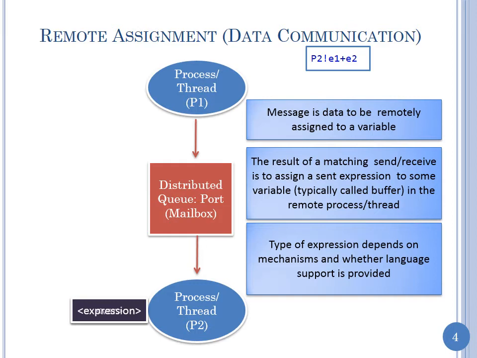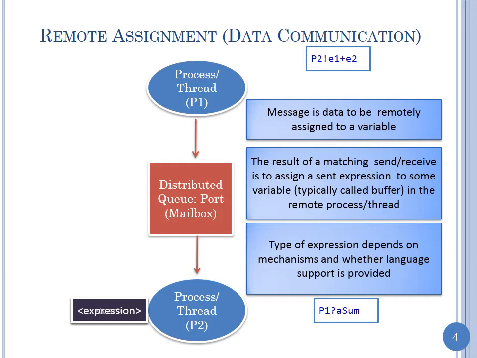So you're saying here, send to the port named by P2 the value of the expression E1 plus E2. And at the other end you say receive from P1 a value that is assigned to the sum variable. We're talking of the same port, we're just giving different names to it. So when the matching send and receive occur, E1 plus E2 in process P2 is assigned to sum in process P1. They're talking of the same queue, they're just giving different names to it.